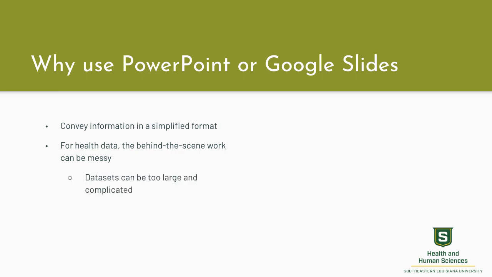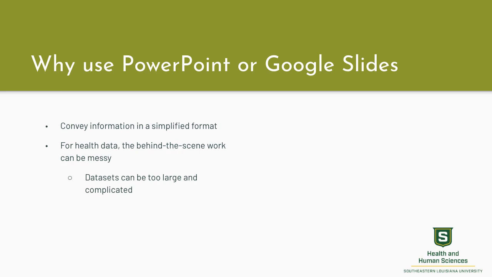Some of the things that can lead to the messiness is because data sets can be very, very large. In this class, the data sets you guys have created have been for 50 participants, but in many situations, especially in your work situations, you're going to be looking at hundreds of thousands of records.